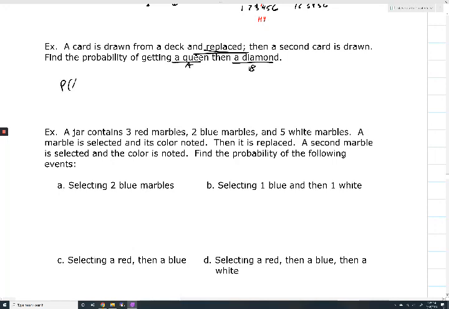So, the probability of A and B is equal to the probability of A times the probability of B. So now we have the probability of getting a queen is 1/13. The probability of getting a diamond is 1/4. And so the probability of getting a queen and then a diamond is 1/52.